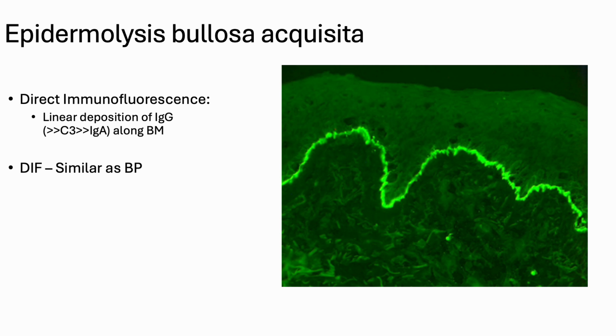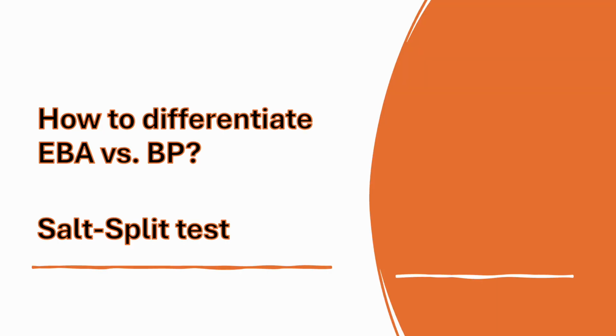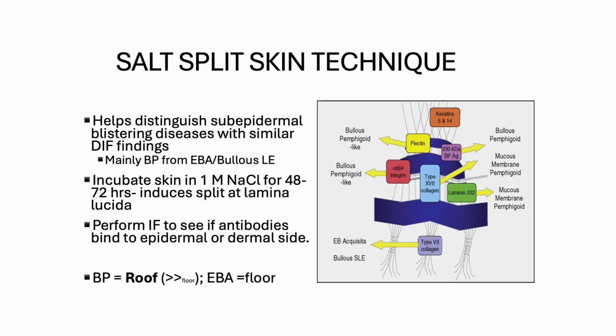But we cannot make the definitive diagnosis based on which one is more rare, right? So how can we make the definitive diagnosis? We use a special technique called the salt split test. We have talked a lot about ancillary tests, such as the DIF test. Now it's the salt split. This explains why and how we perform the salt split skin test.